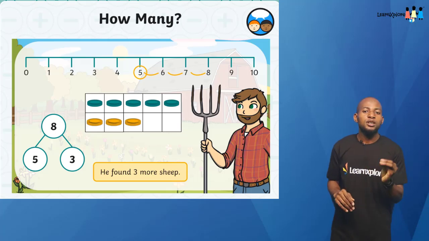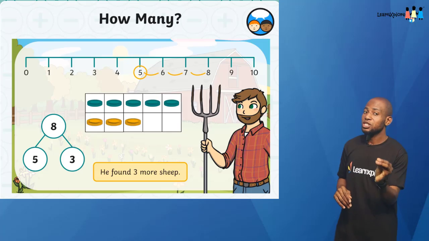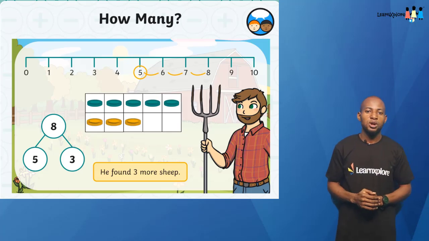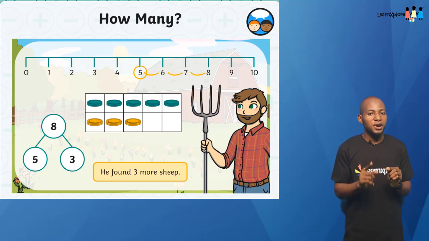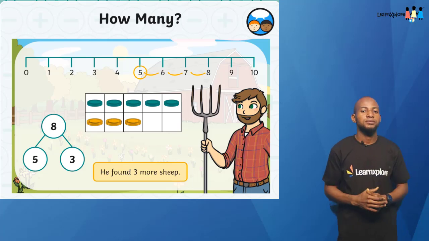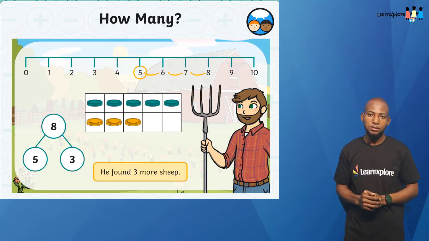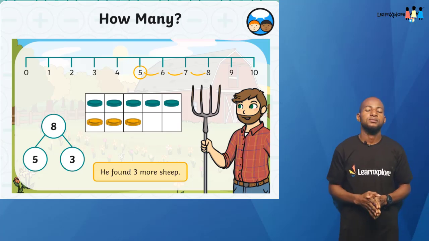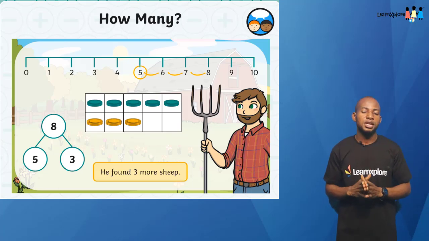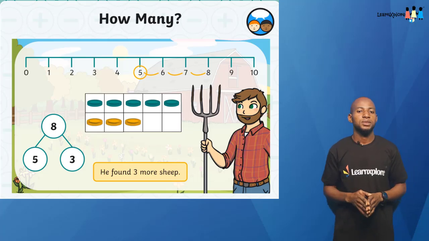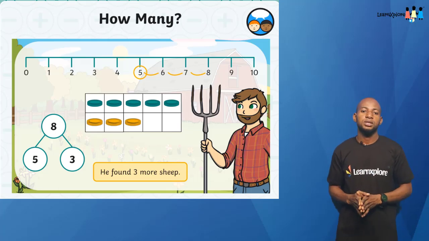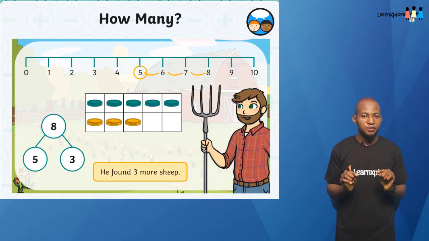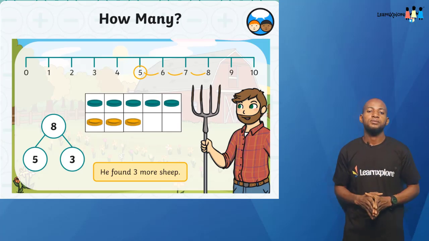But when we counted, we got 8. So let's count on from 5 and stop at 8. Are you ready? 6, 7, 8. It shows that 5 plus 3 equals 8.